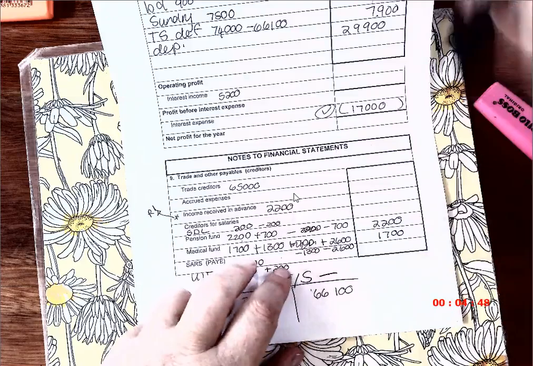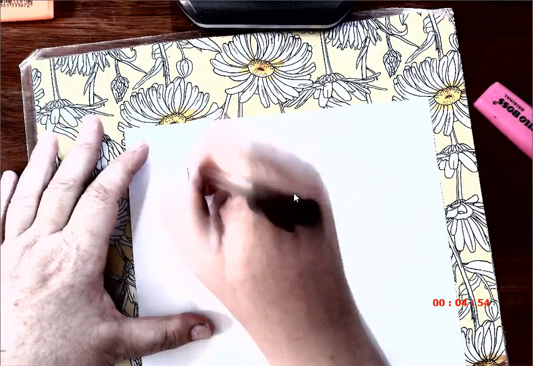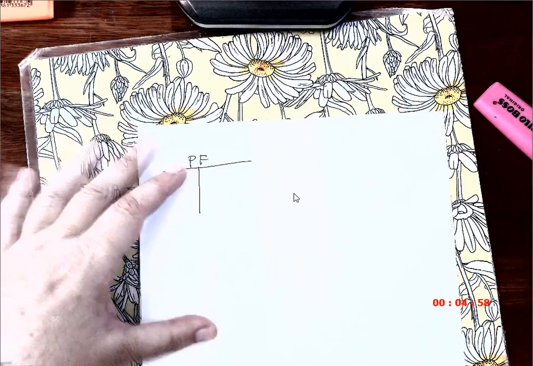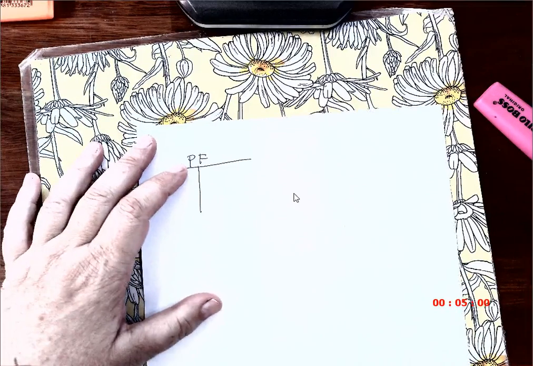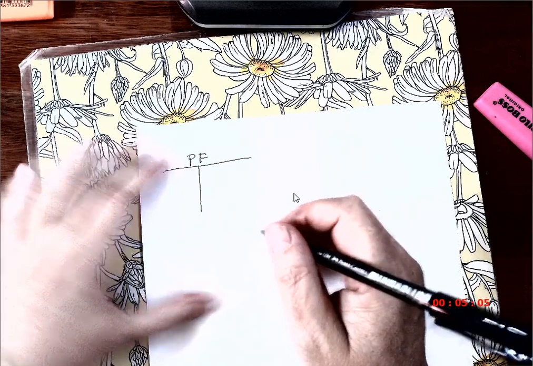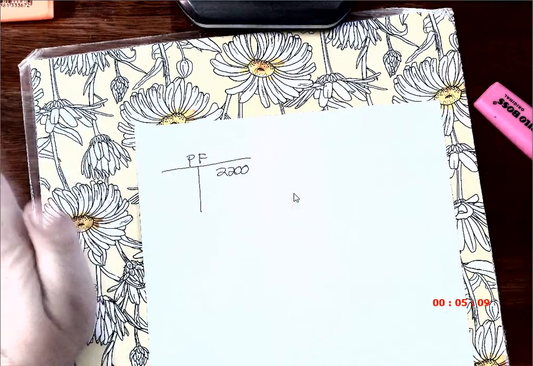Let's quickly talk it through. I'm going to talk it nice and slowly. So, if I look at my pension fund, can we all just agree to look at that? So my pension fund has got a balance of 2.2, meaning we owe them 2.2. Yes.